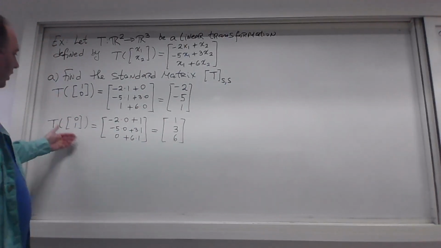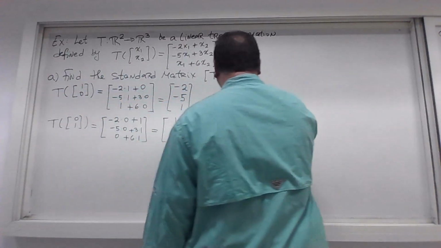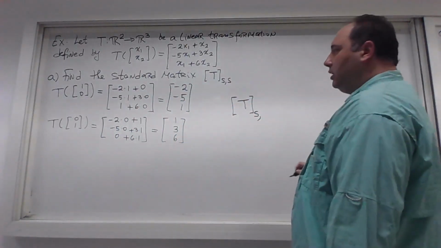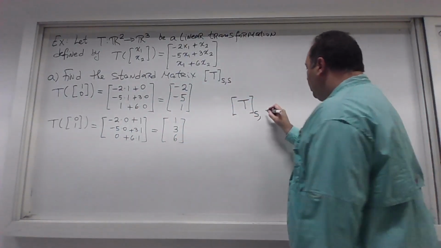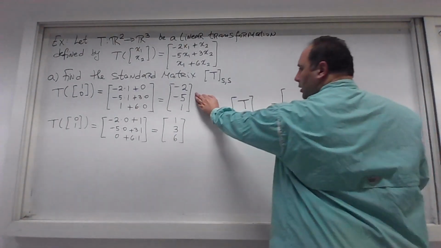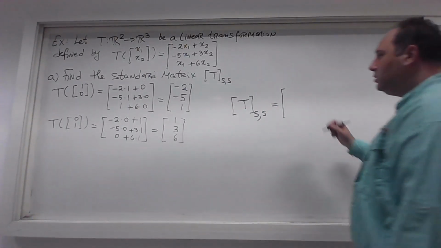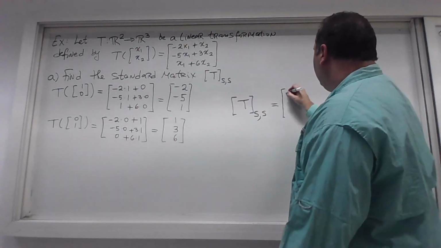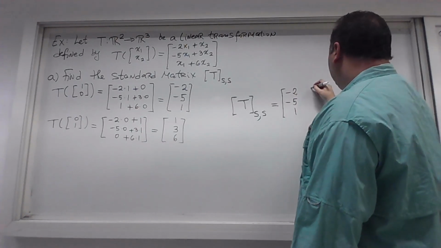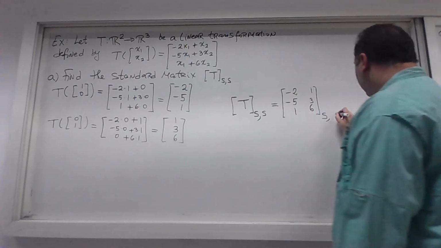So now we have these two pieces to build the standard matrix. Standard matrix is what? T_SS, the standard basis for the inputs, the standard basis for the outputs. And we know that these vectors are equal to their coordinates in the standard basis. So we put them in correct order: the image of the first vector and the image of the second vector.